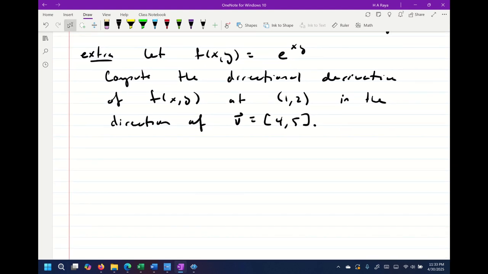One thing to note is that this v is not a unit vector.